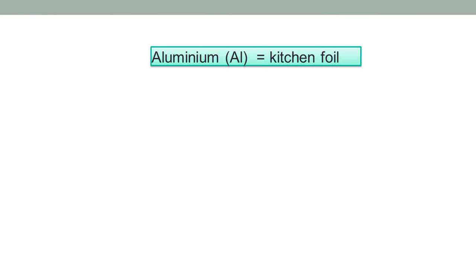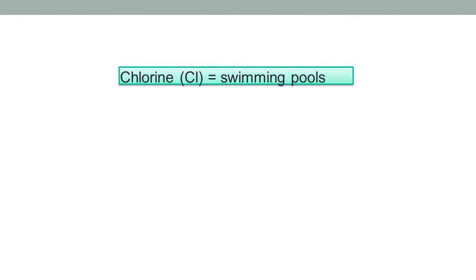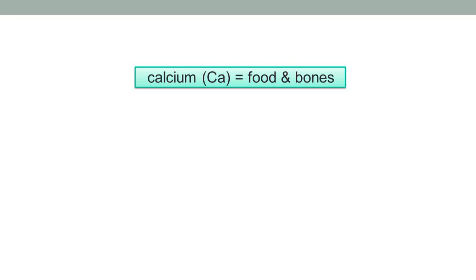Aluminium, like aluminium foil, we use it in the kitchen. Calcium, which is present inside our body, in food and bones. Another examples.